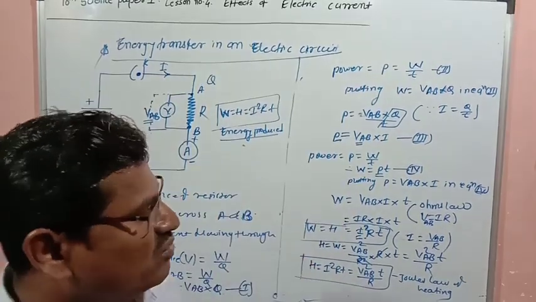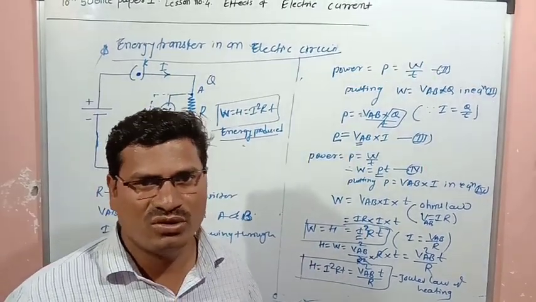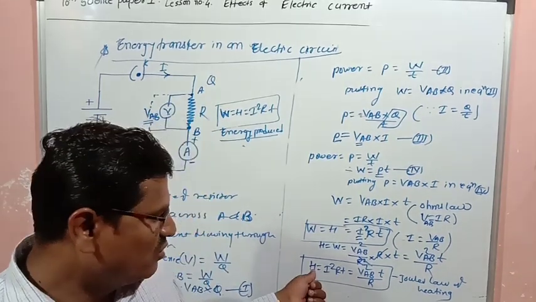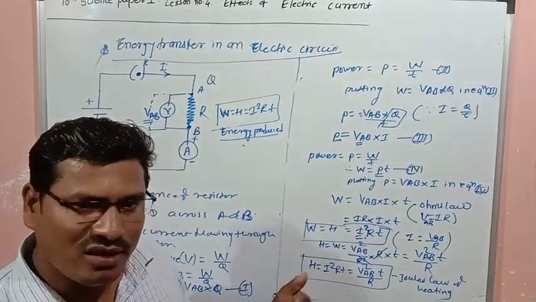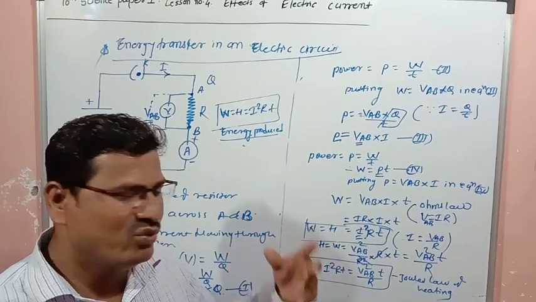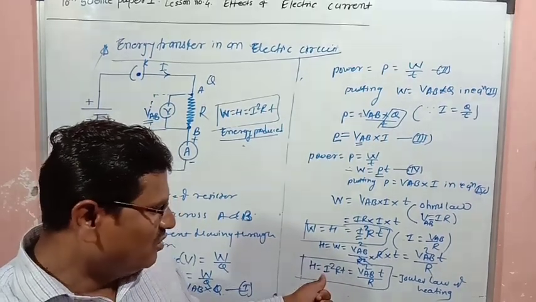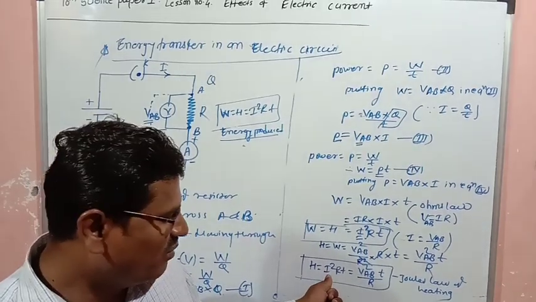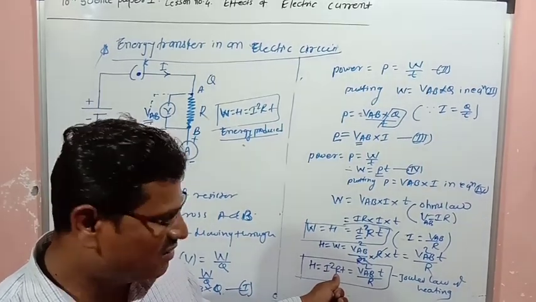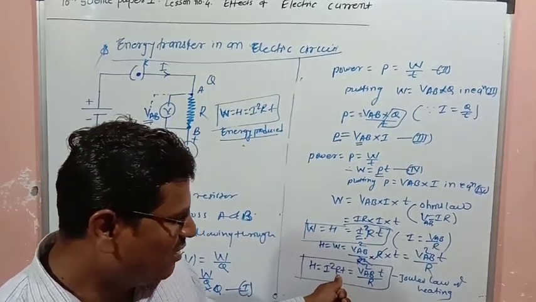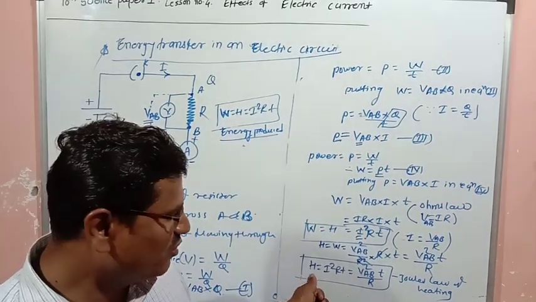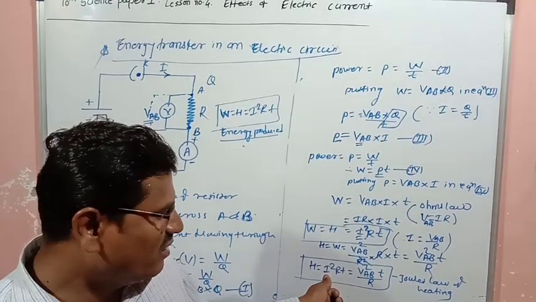So after this we are going to write Joule's law of heating. What is the statement of Joule's law of heating? With the help of this equation only you can write Joule's law. If current I is flowing through a resistor of resistance R for time t, at that time heat produced is directly proportional to the square of current.